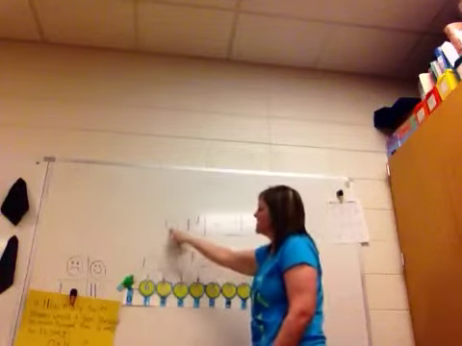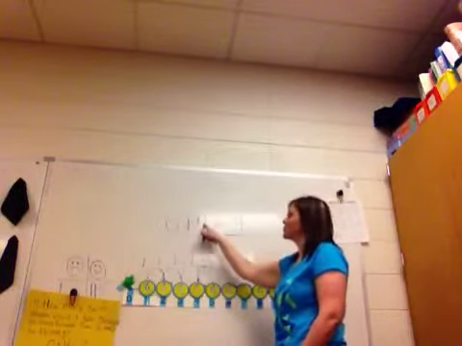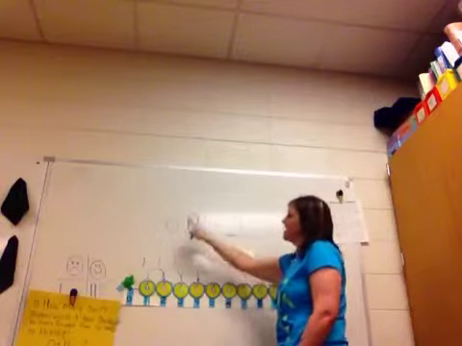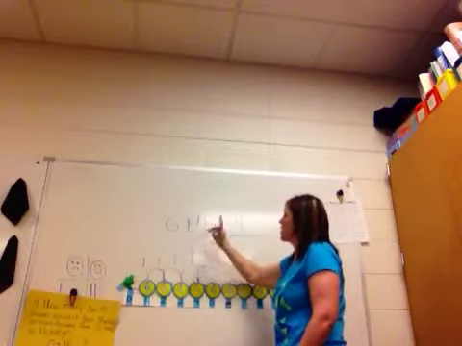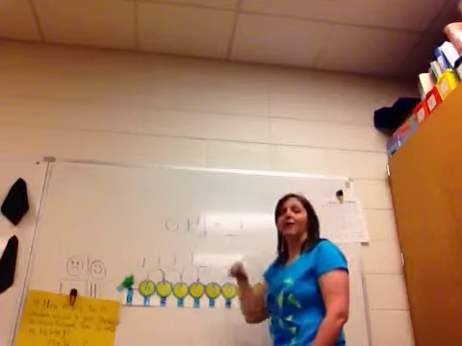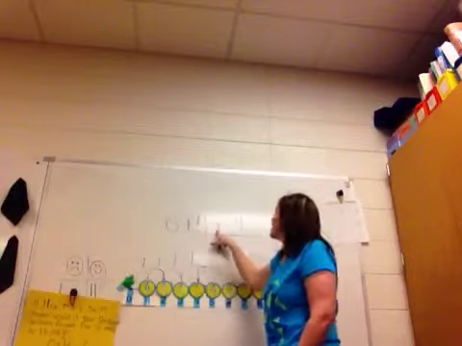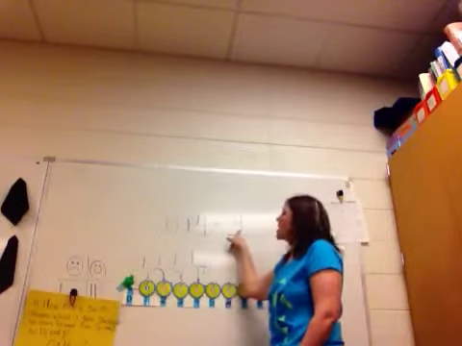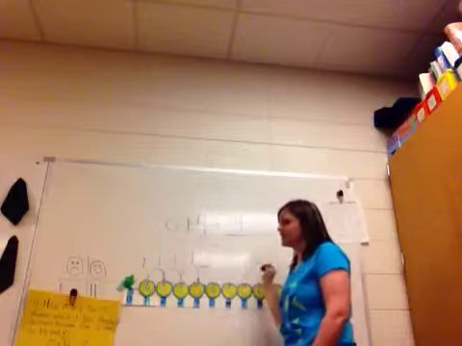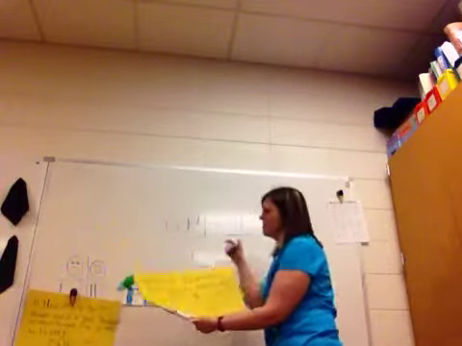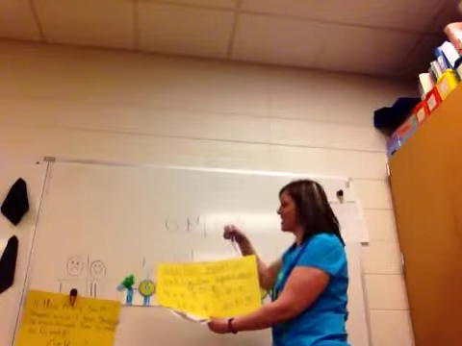So if he was on 0 and he did 4 strokes, it would be 0 plus 4 equals 4. I want you to say that along with me. 0 plus 4 equals 4. And this is an addition equation. Read that with me. Addition equation. Get ready? Addition equation. Good job.